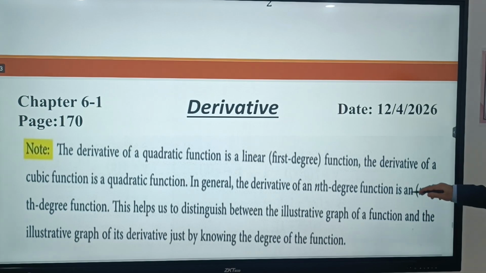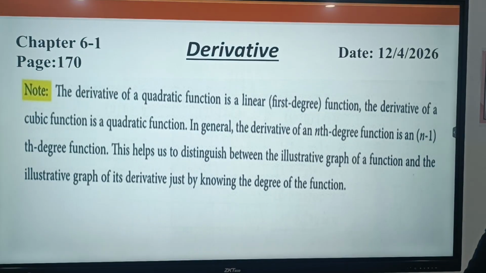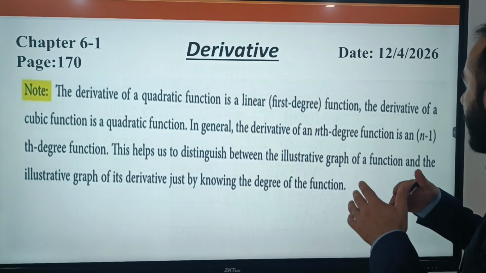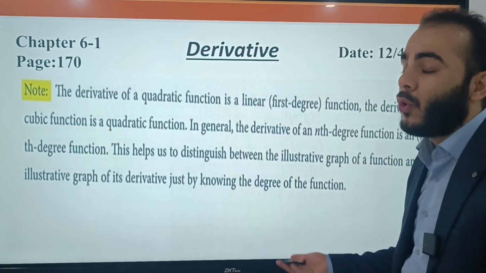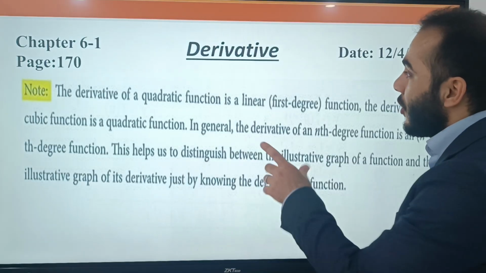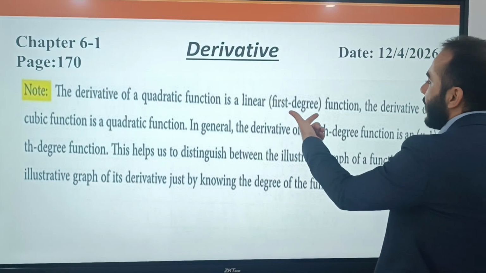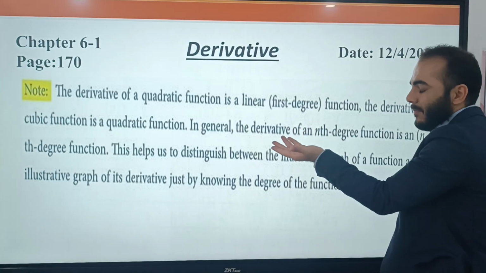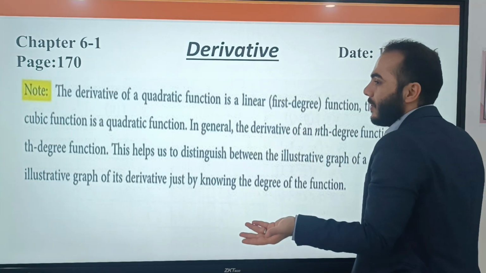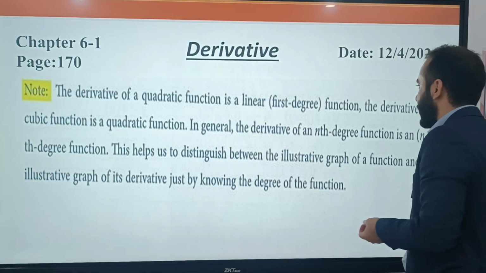The next thing, okay, there is a very important note here that we need to take care of, because it may come as a multiple choice question. The derivative of a quadratic function is a linear function. This part itself can become a multiple choice question.